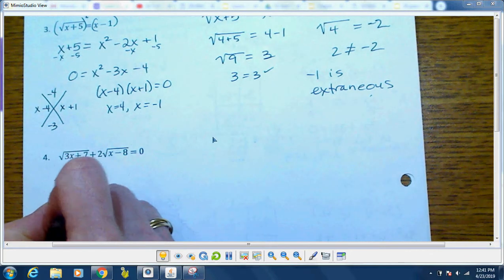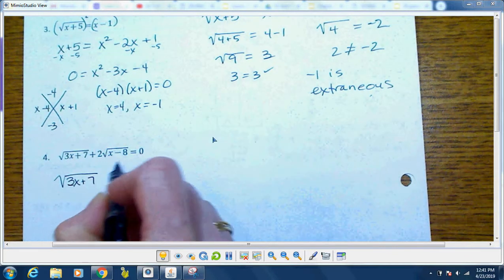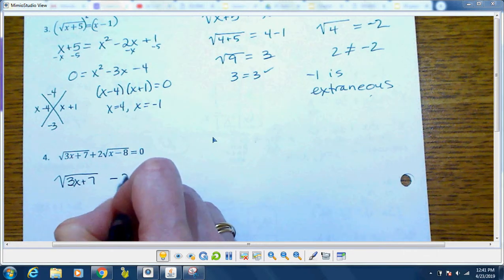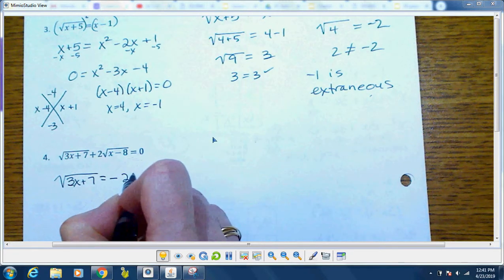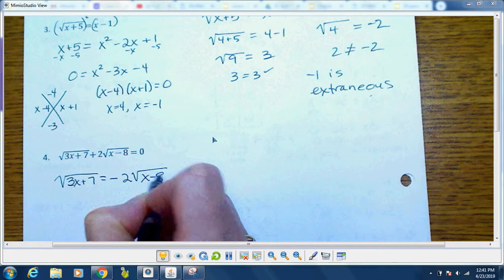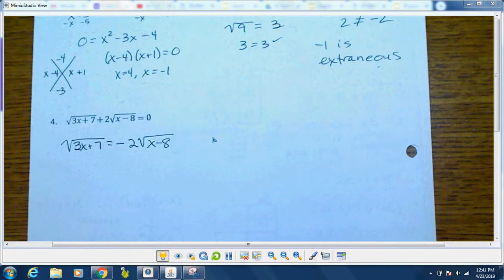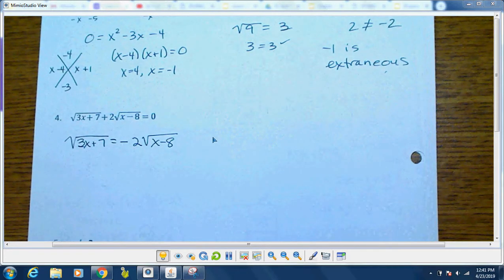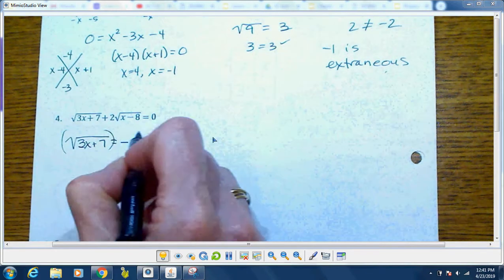This next one, square root of 3x plus 7, I'm going to subtract the other, equals -2 square root x minus 8. Okay, so I could go through and solve this. I can square both sides.